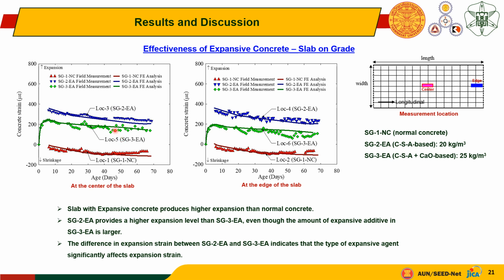From here we can see that expansive concrete, both SG2 and SG3, produces higher expansion compared to normal concrete. And we can also see that the application of the reduction factor to predict the restraint expansion and shrinkage strain is sufficient compared to the experimental results.